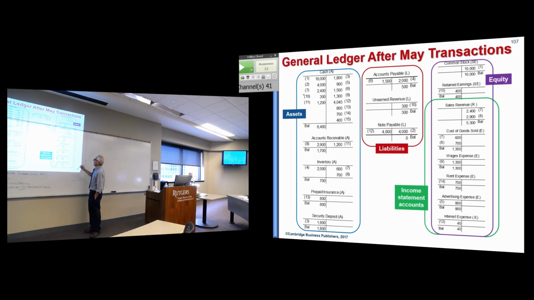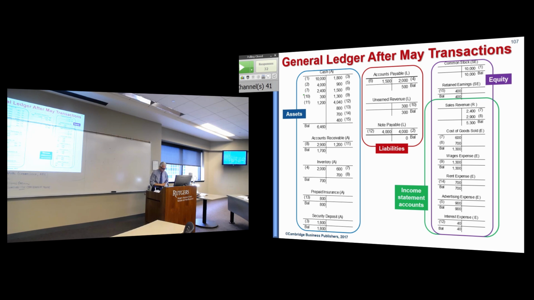The retained earnings account has not been updated yet, and there's a reason for that. But you have your expenses accumulated, your revenues accumulated. Your revenues, as we saw earlier this morning, were $5,300. That represents 2 sales, $2,400 and $2,900. So I would recommend following this through, looking at all the postings, and then looking at the summary set of statements.